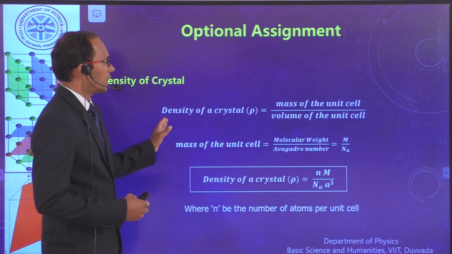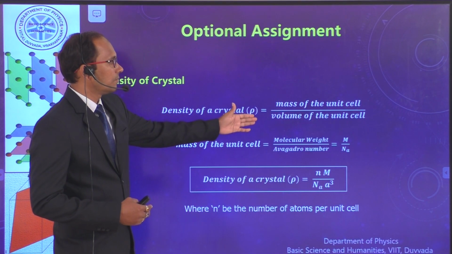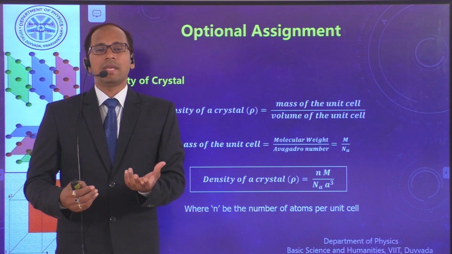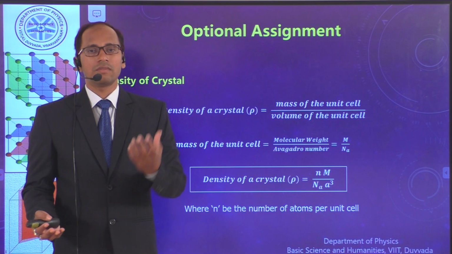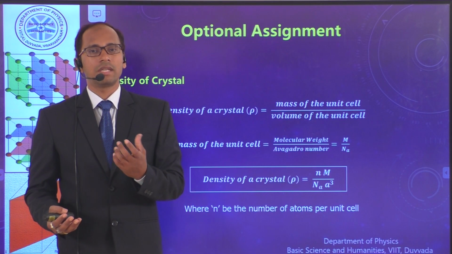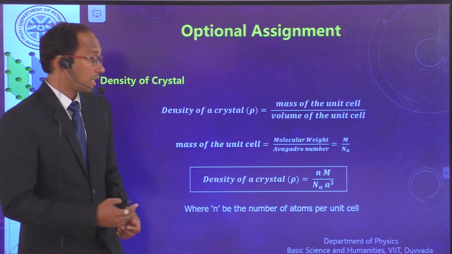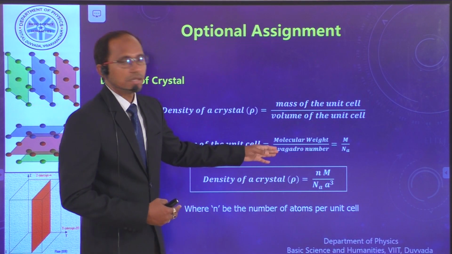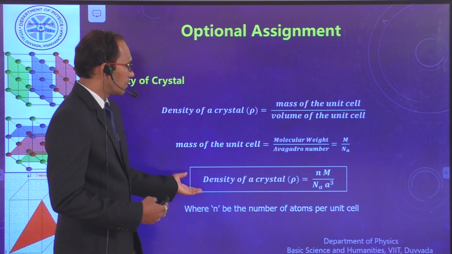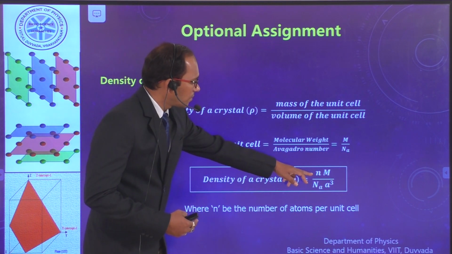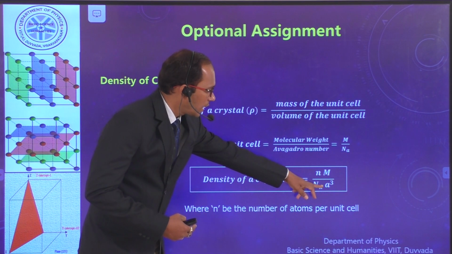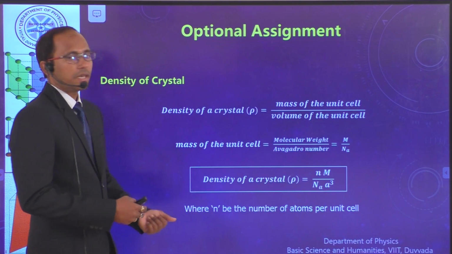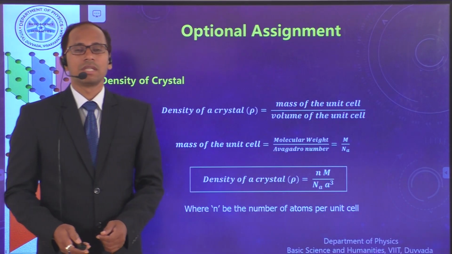Density of a crystal is always mass by volume of the unit cell, because the unit cell is the basic unit of the crystal, so if you know the density of the unit cell, then you know the density of the crystal. The mass of the unit cell is the molecular weight divided by Avogadro number, times the number of molecules. So the density is given by N M by N_A into a cube, where the volume of the unit cell is a cube. So you can easily calculate the density of the crystal.